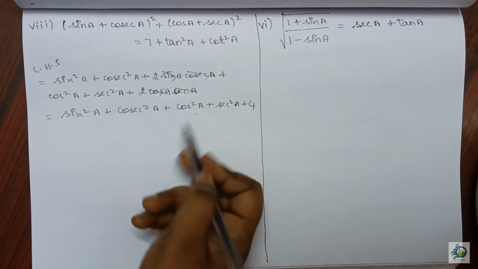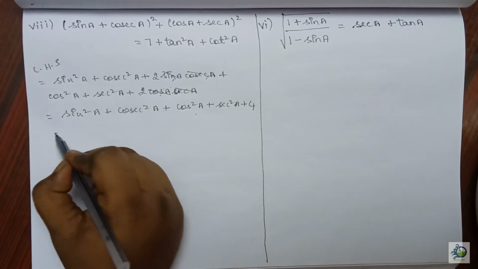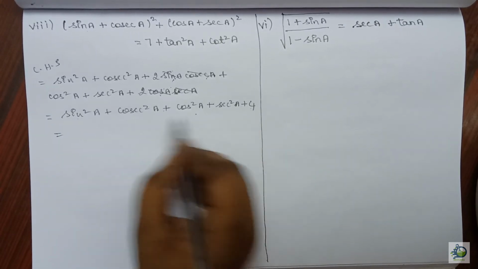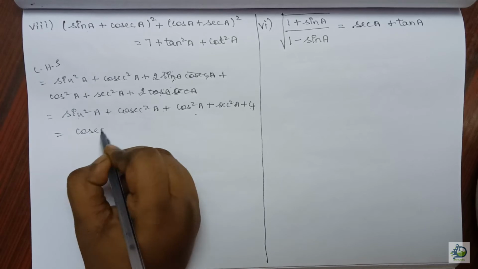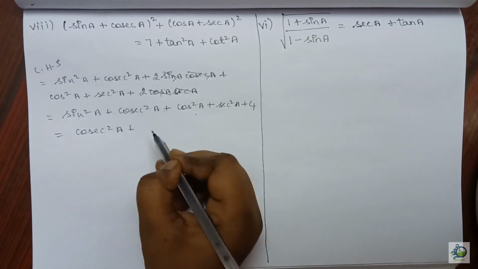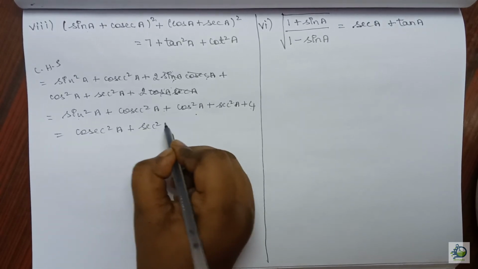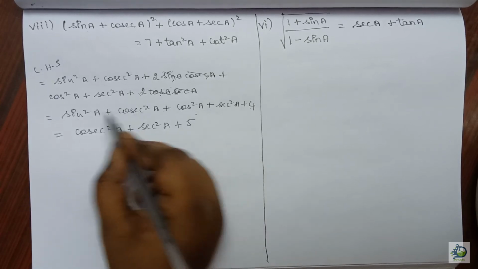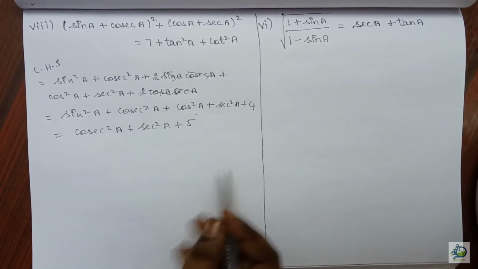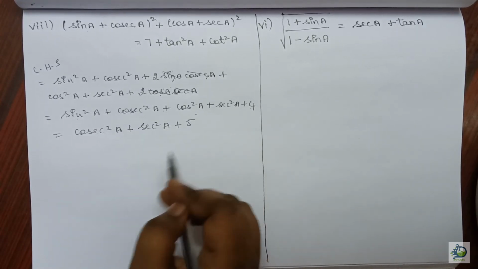Now we know that cos square plus sine square is 1. So 1 plus 4 is 5. We are left out with cosecant square A plus secant square A plus 5. So 1 plus 4 is 5.